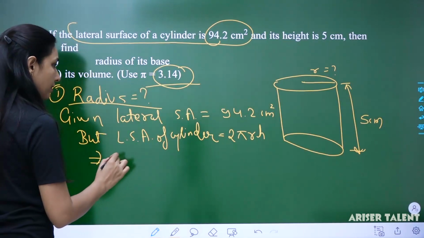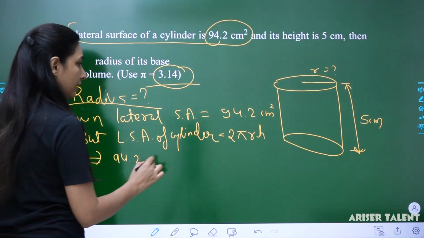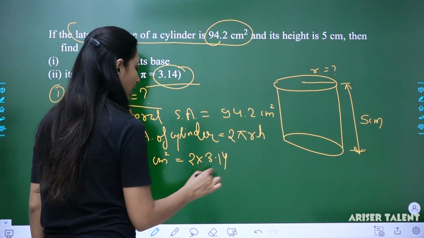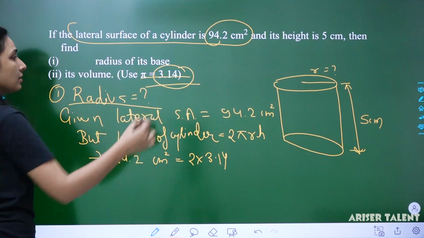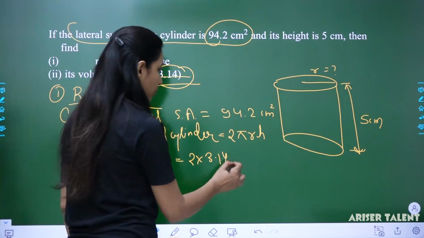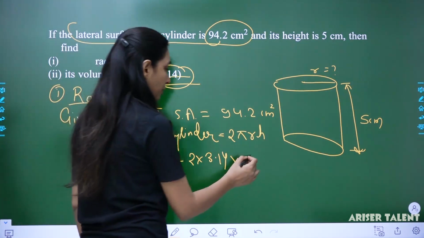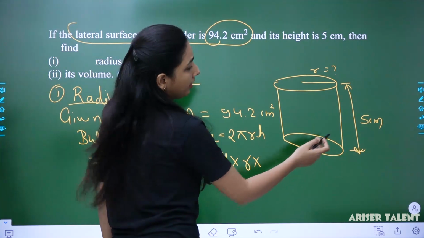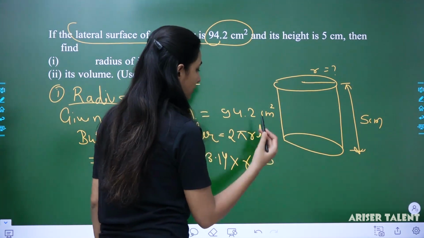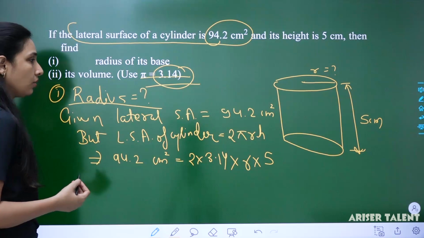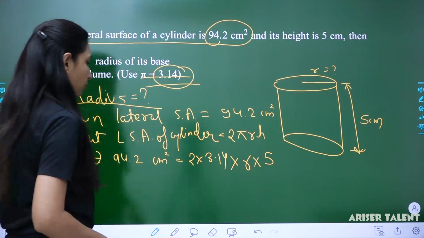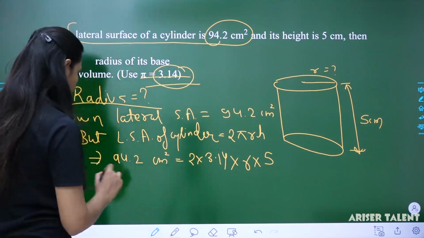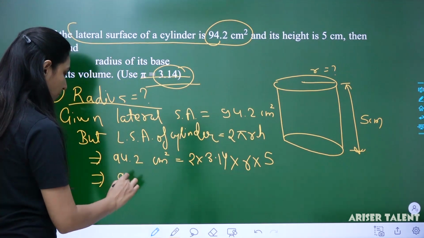This implies that 94.2 centimeter square will be equals to 2 multiplied by 3.14. Why am I taking 3.14? Because it is specified in the question. So we have to take this. The r we have to find out, and the height of it is given 5 centimeters. Okay, it is in centimeter square, so we need not do anything here.